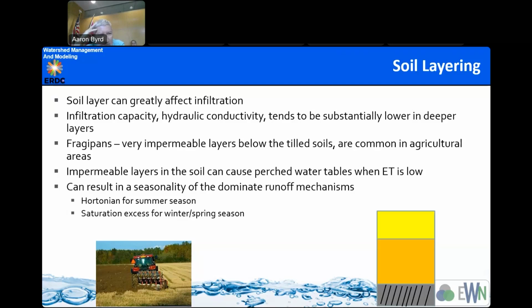You can get Hortonian in the summer season when you get the thunderstorms, but when you get the kind of winter rainfall where it's long and you get long periods of just drizzly weather, you can get saturation excess runoff. So you have a switch in the dominant runoff process.